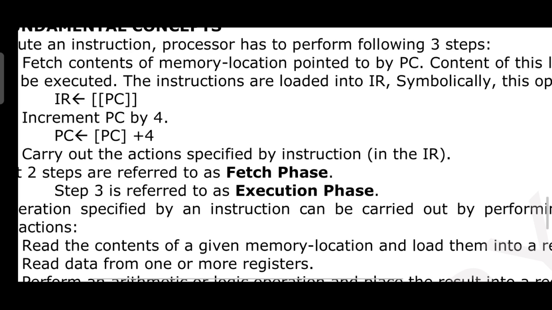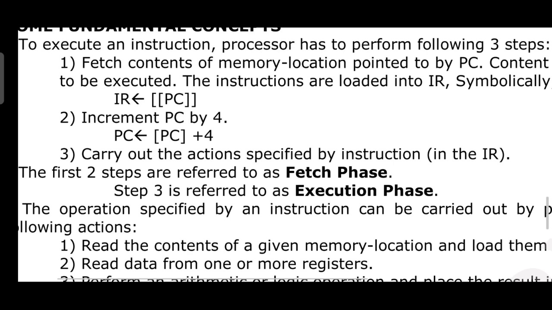You are not looking for the location, now you are looking for the content. Suppose your location is Karwar, and at Karwar you are finding something, say More Mart. So PC represents Karwar, and content of PC represents the More Mart, isn't it? That content of PC will be transferred to IR. This is what is symbolically mentioned.